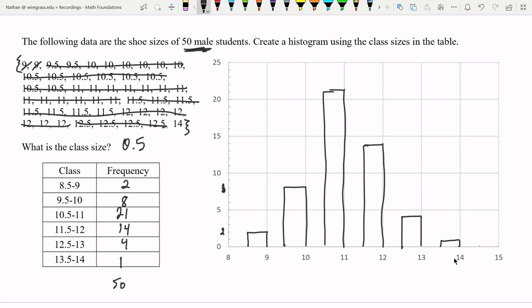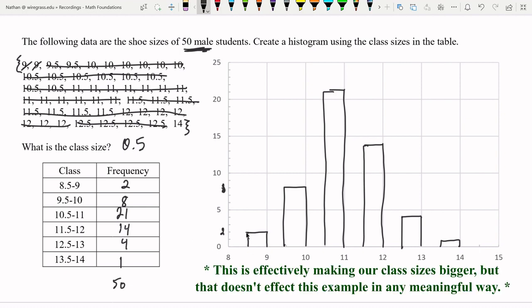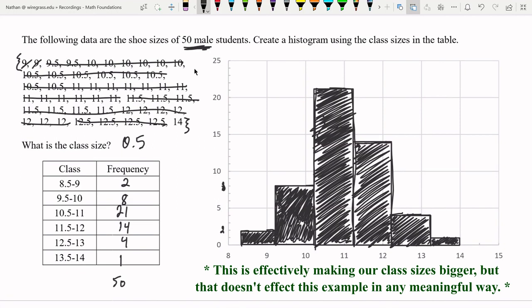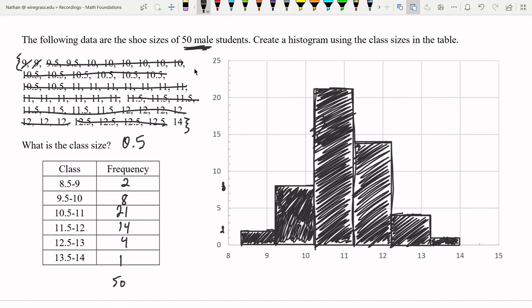Now, typically, like I said before, histograms are going to be, the bars are going to be butting up against each other to show that it's really a histogram. And the way we can do that really is just extend this a little bit, both sides, and kind of just split the difference here. So as you can see here, I've kind of filled out the histogram, looking a little bit more similar to what you would expect the histogram to look like. And we can actually look at this data and feel a trend for the data.